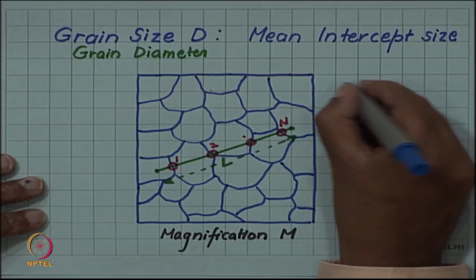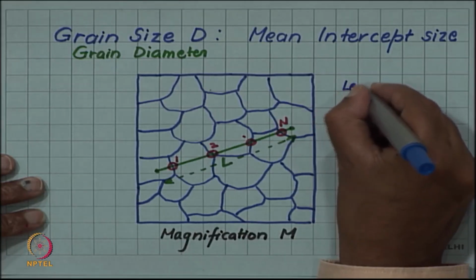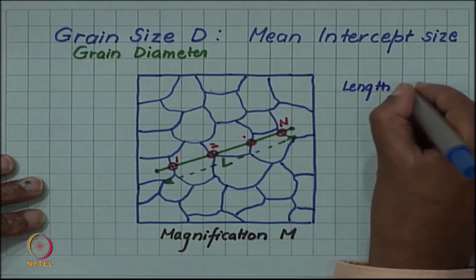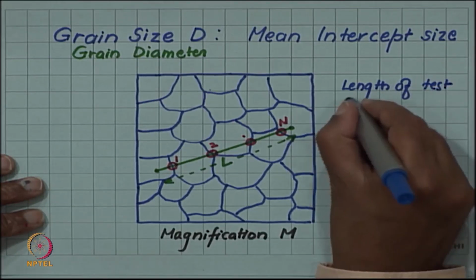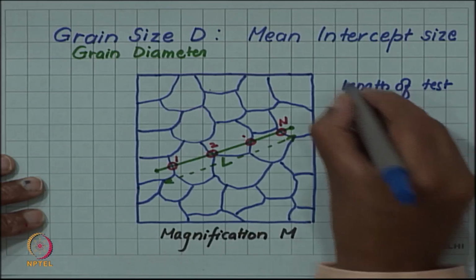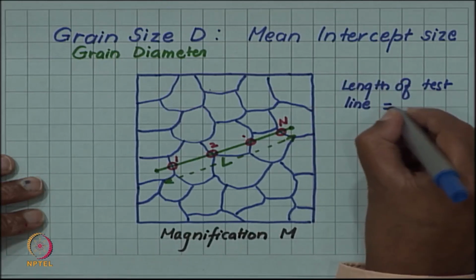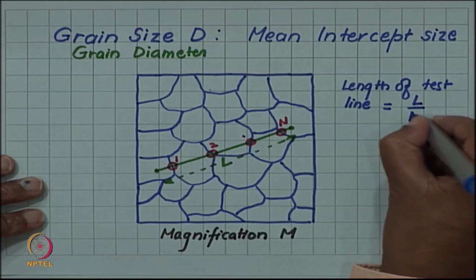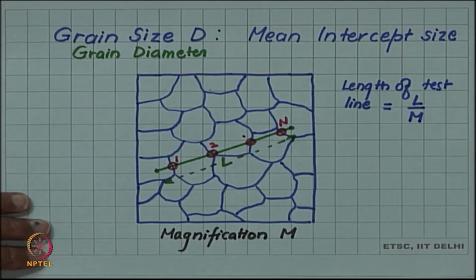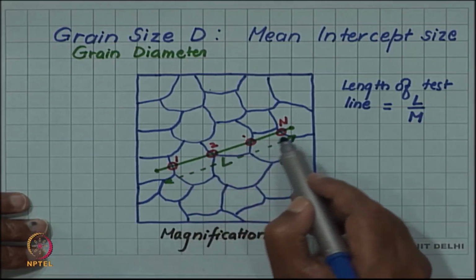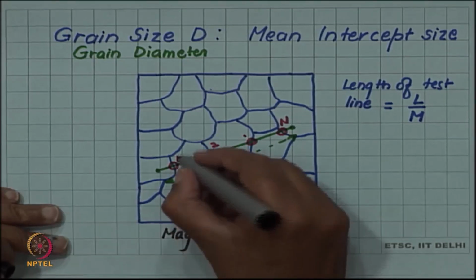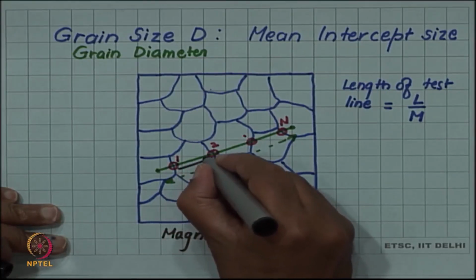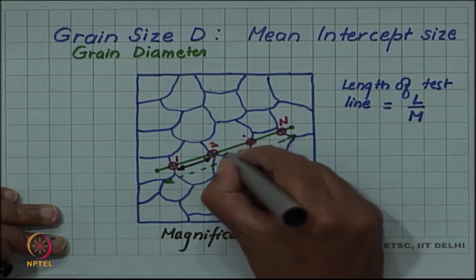So, the length of the test line is equal to L by m, and since there are n grain boundary intersections, there are n intercepts on this line.